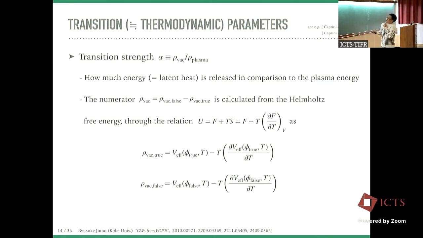Okay, this is just a bit detailed, but the numerator is the vacuum energy density. And if we think about the finite temperature effective potential, it's basically the Helmholtz free energy. So we have to use, what was that? The Maxwell relation to translate the free energy into the vacuum energy. But this is just detail. Basically, alpha is how much energy is released in comparison to the plasma energy density.